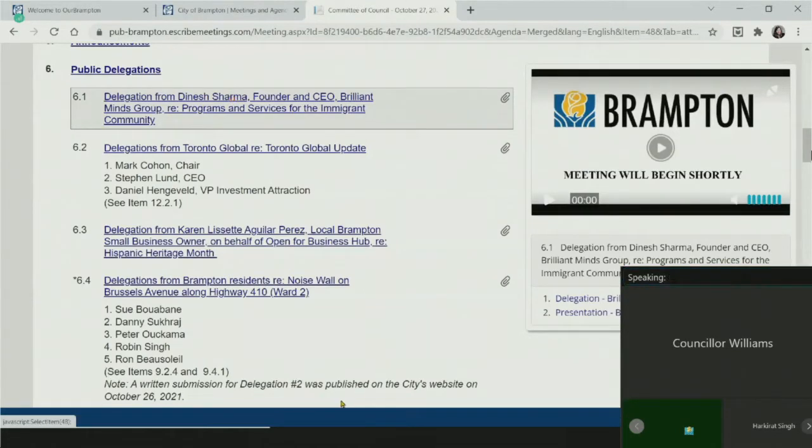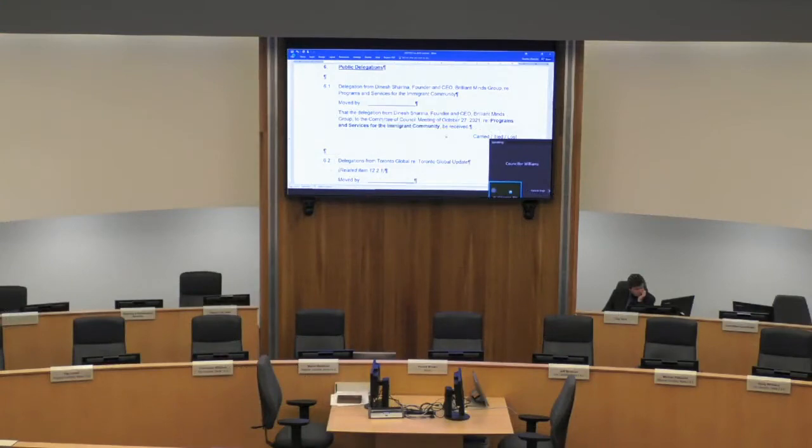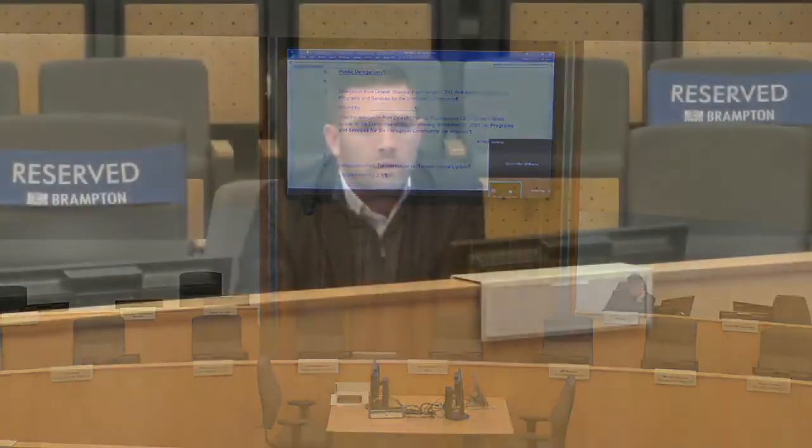Thanks, Councillor. It's Jason, through the chair. I would share a few things. Council has made a prior decision that applications to the Advance Brampton Fund would be adjudicated through the program framework, which is by staff. My understanding is that the grants administration officer has been working with Mr. Sharma on opportunities through that.